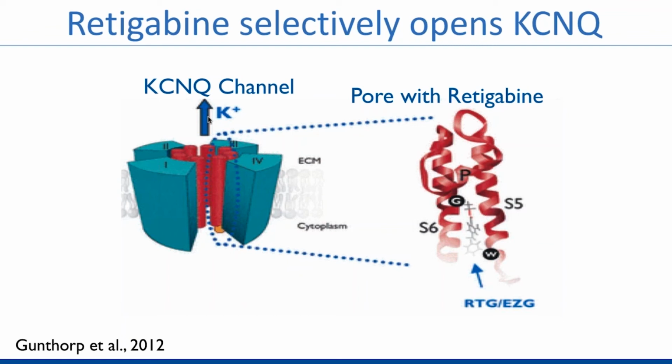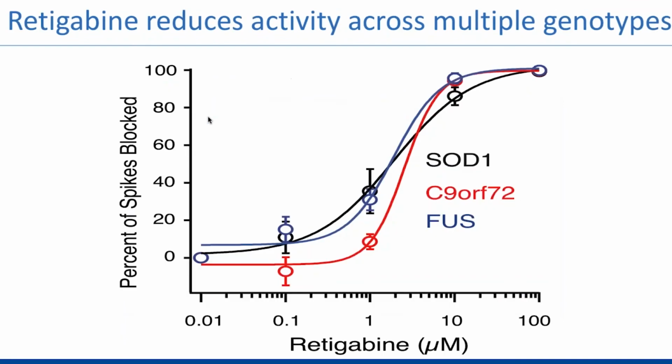And that was the case. So here you can see some of the first pharmacological experiments that we did, looking at how addition of Retigabine normalizes the firing properties of motor neurons made from patients with SOD1 mutations or C9orf72 mutations or FUS mutations. And I'll show you this in another, I think, really exciting way.